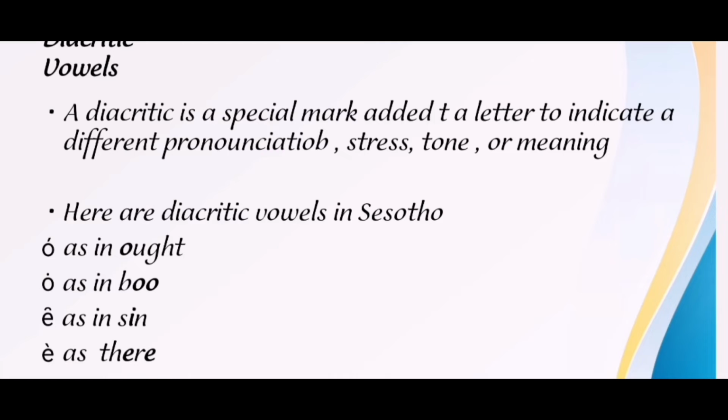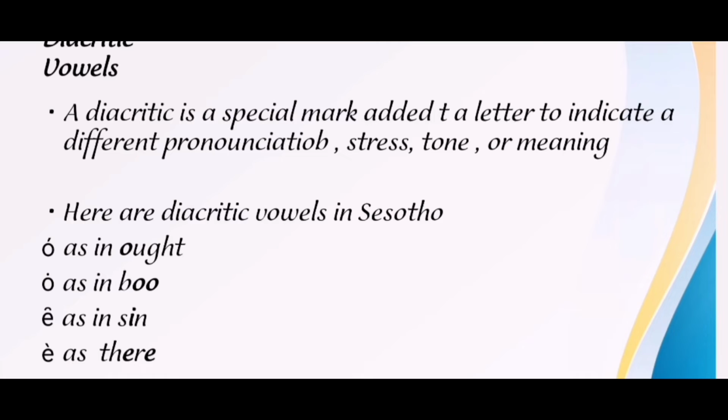So we've got an O where you say O, and then an O where you say oo, and then the letter E where you say E, and the letter E which looks like the letter E for elephant, but it's actually as in there.